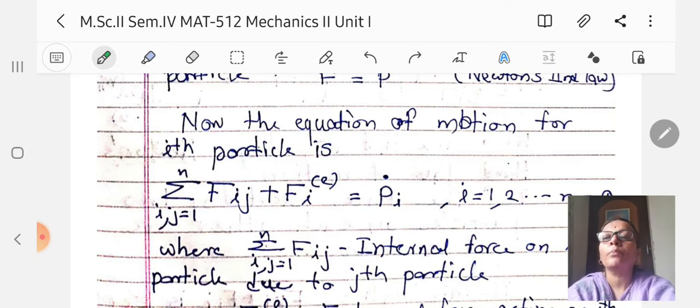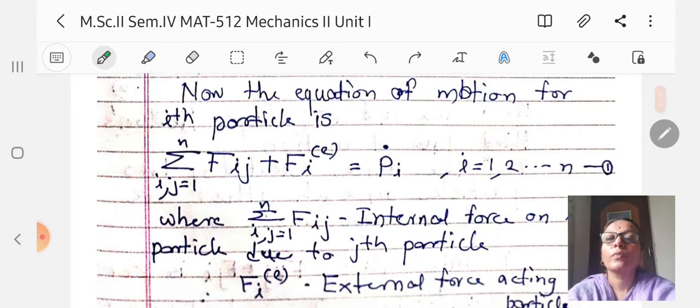We take the ith particle and write, using internal and external force, that is momentum, summation over j from 1 to n of Fij plus Fie, that is external force, equal to Pi dot.